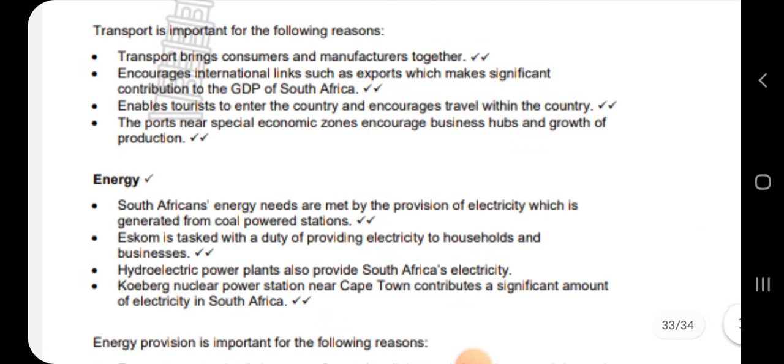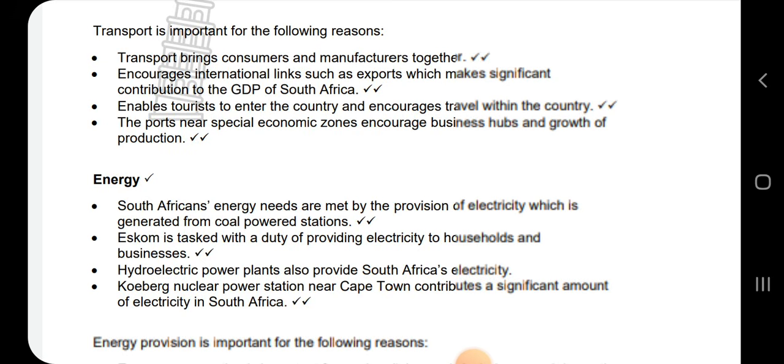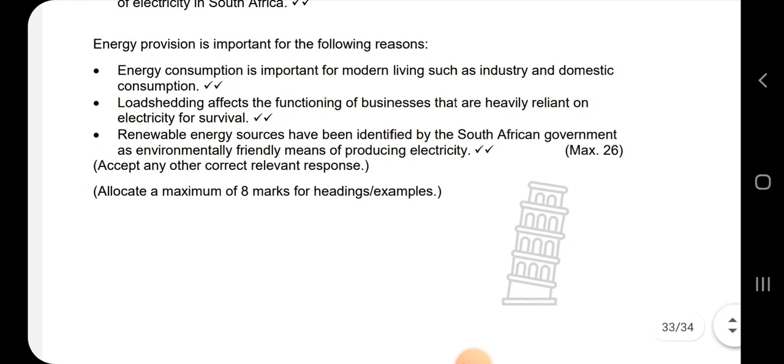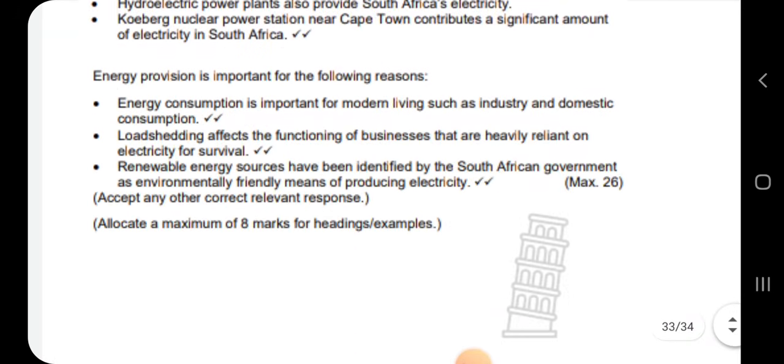Energy as well is also infrastructure. So energy, transport, and communications.